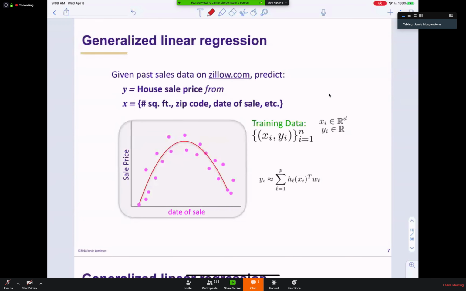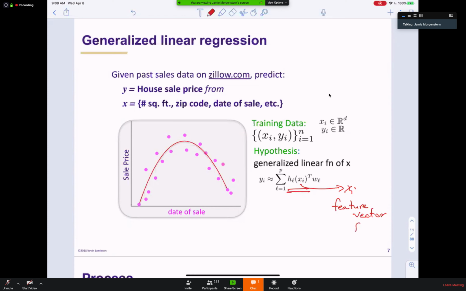More generally, we could think about an even more general class of functions than degree p polynomials. We could think about taking our measurements of houses, where x_i just represents the feature vector for house i, and using p different functions, h_1 through h_p, to transform those in some way.